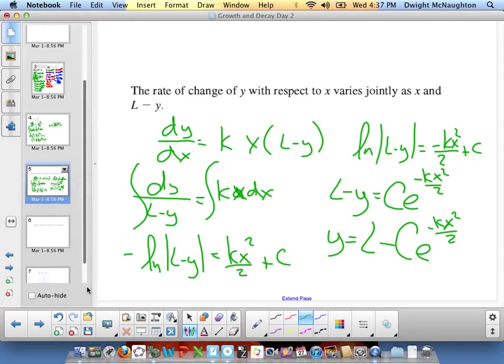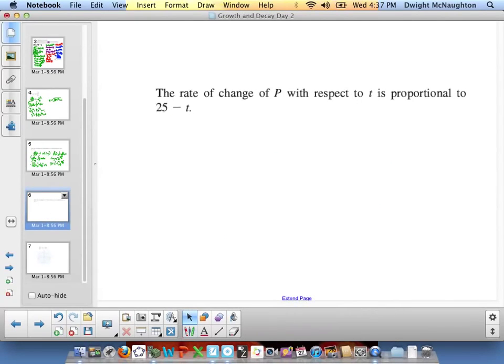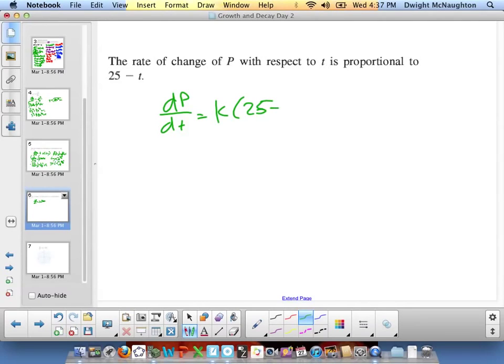Okay, a couple more examples. Rate of change of p with respect to time is proportional. This one's straight up dp/dt equals k times 25 minus t. All right?